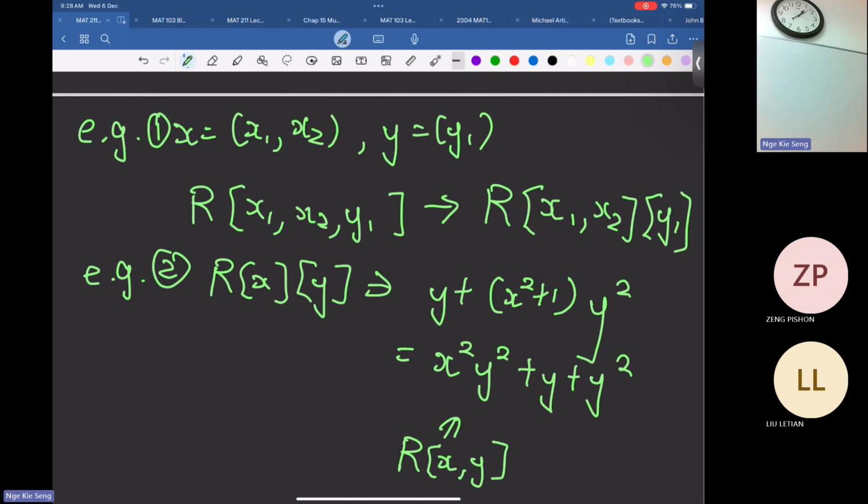Okay, so these two rings represent the equality here. Make sense or not? So here is what you can use, the combination product of xy, to build your polynomial. Use x squared times y squared, plus y squared. So this is the element here.